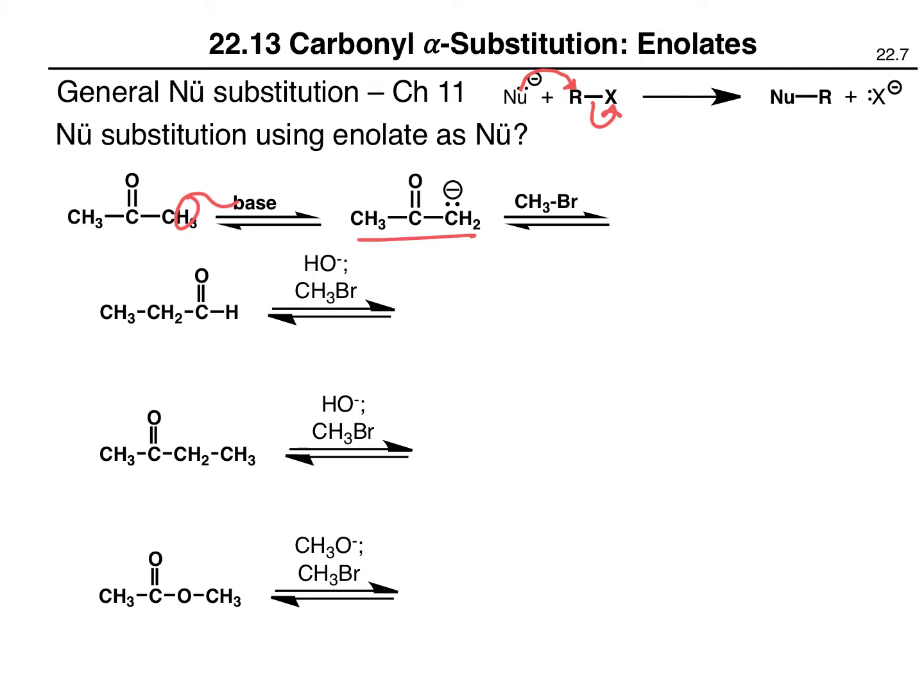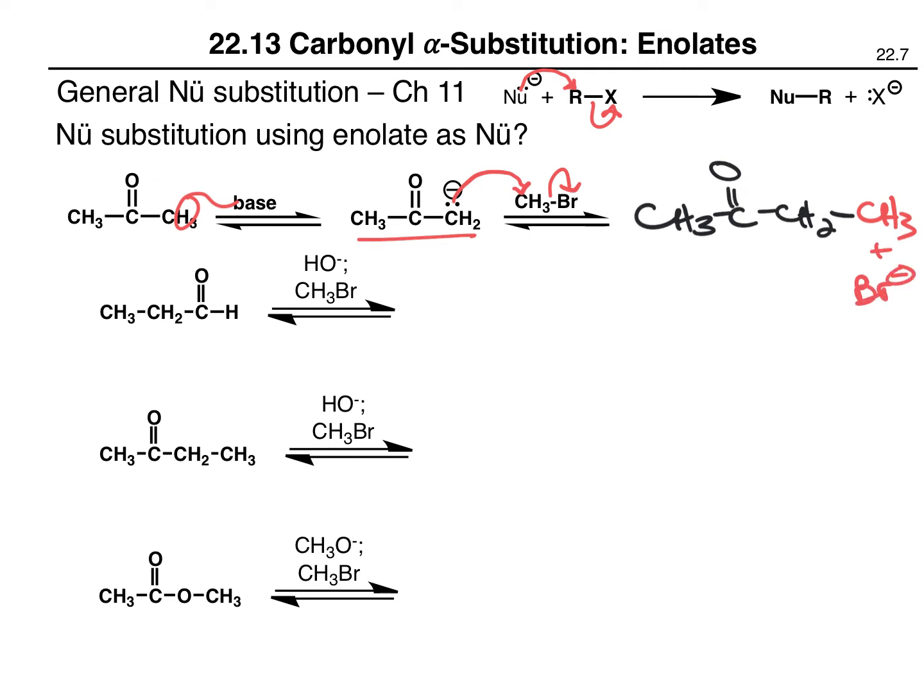Well, can this enolate act as a nucleophile? If so, it could share its electrons here, pushing away bromine as the leaving group. So we would get this with a new bond to the methyl group that used to be connected to the bromine.